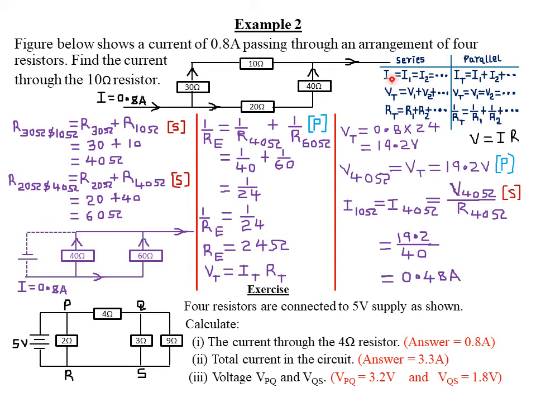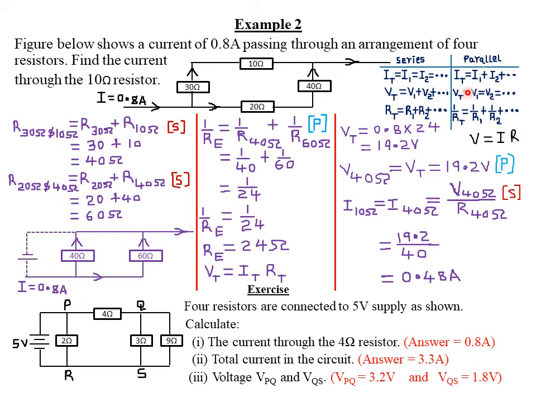Otherwise, if it was series connection, we would expect I total to be the same as I1 and the same as I2. But because here the current is divided, different current flows through the 40 ohm resistor and different current flows through the combined 60 ohm resistor. So the 40 ohm resistor and the 60 ohm resistor are in parallel with each other.